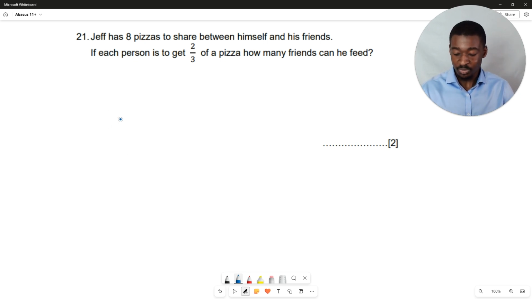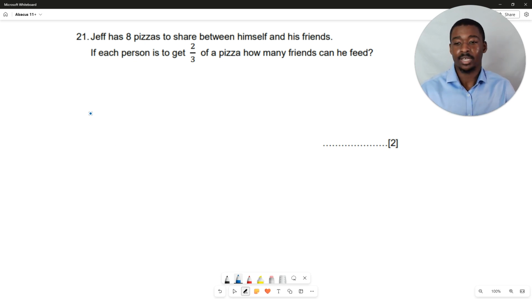So if we think about it, let's say that Jeff had 8 pizzas and each person was going to get half a pizza. If that was a question, you would know straight away how many friends Jeff could feed, because we have 8 pizzas, each person's getting half a pizza, and therefore we have 16 people we can feed, right?